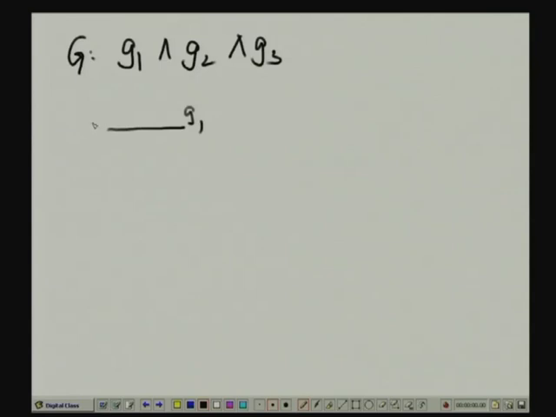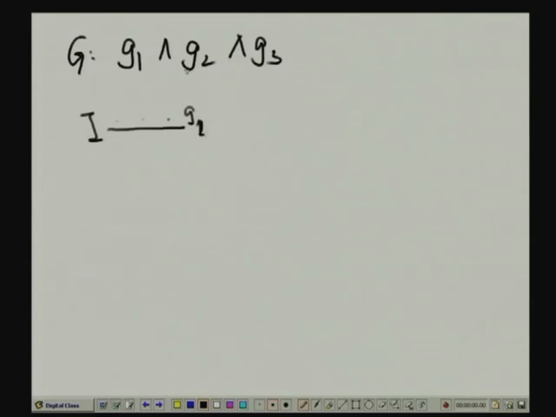Suppose the goal G is specified as a conjunction of G1 and G2 and G3. Suppose the agent finds a plan to achieve G1. So, this is the initial state, the agent takes some actions and as a result of the actions G1 holds.